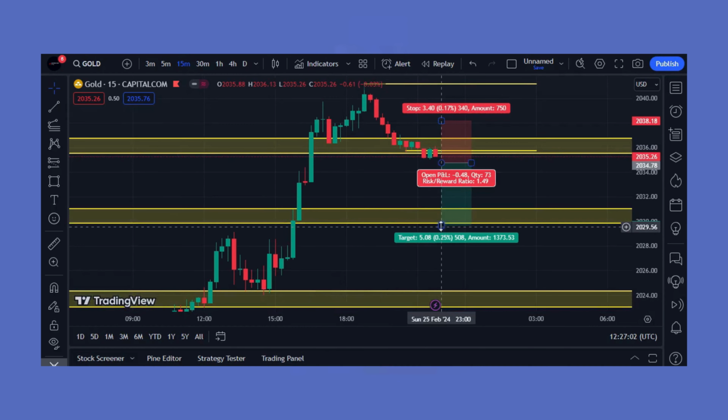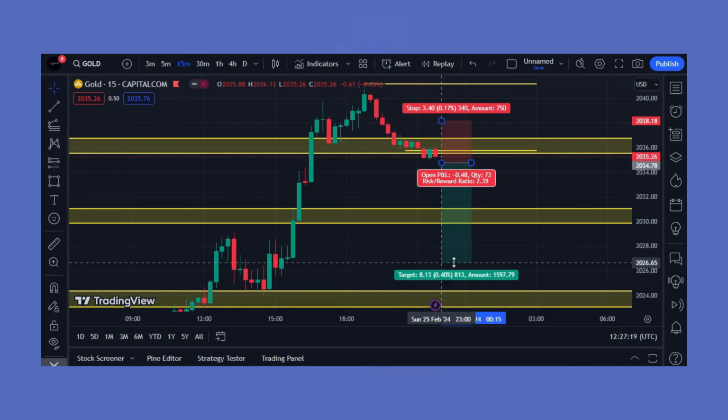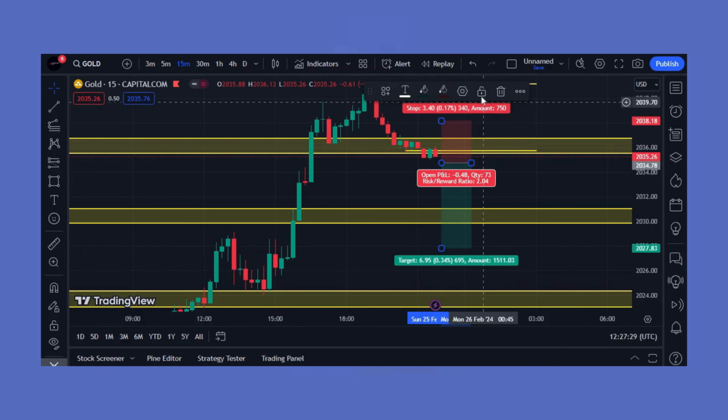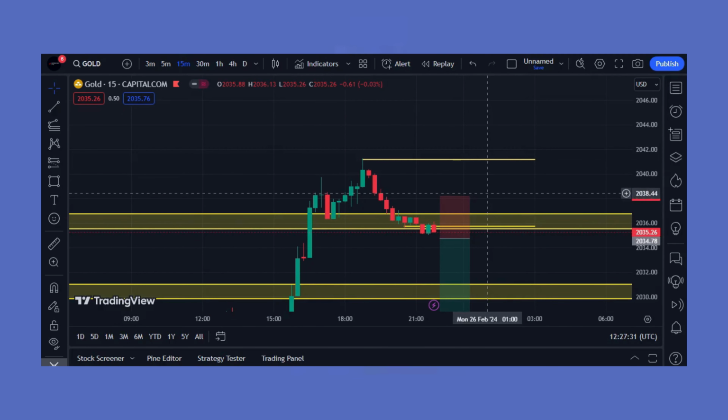I'm looking for the price to go down and sweep all these price clutters down to this level, which gives me 1:3. Sometimes they don't even sweep down to the lowest price clutter because they want to create other price clutters somewhere in between. So I always look for 1:2 for the day. We're looking for something like this.